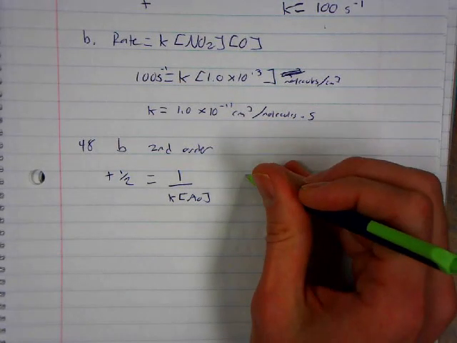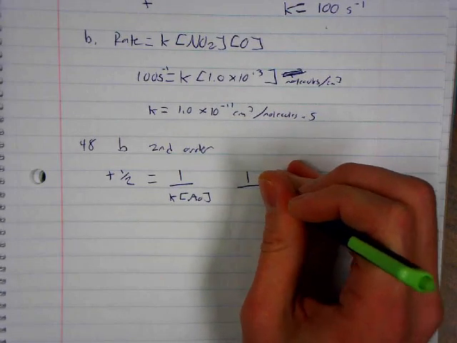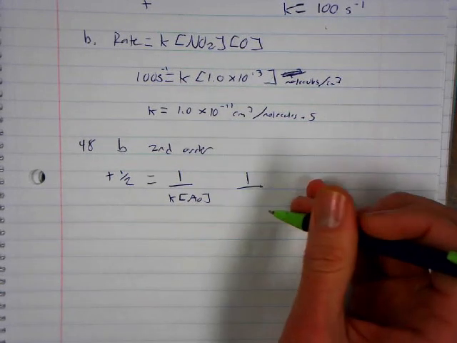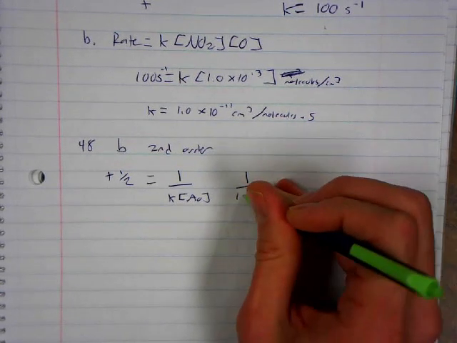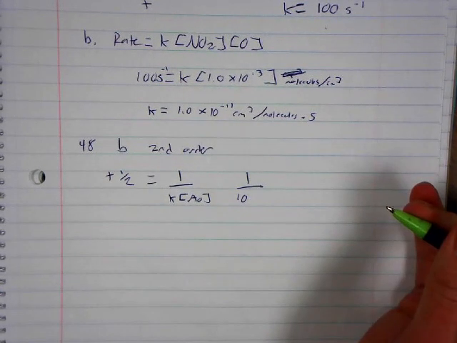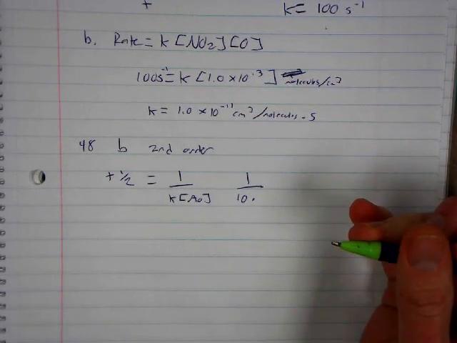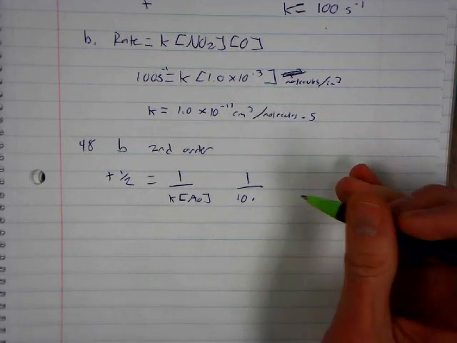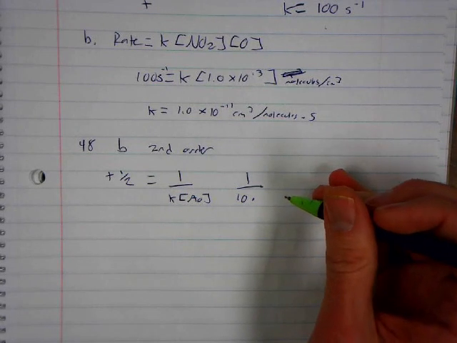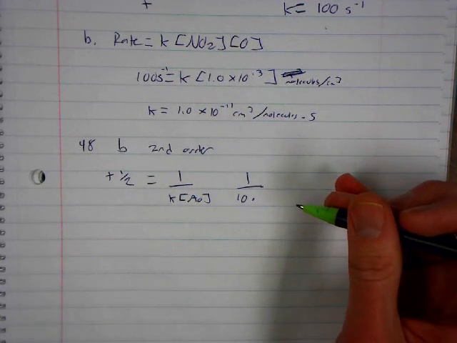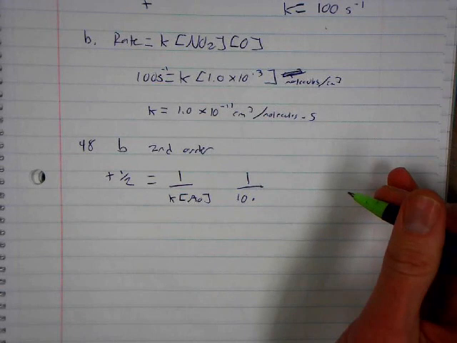It's second order. So, in order to get my 1 half-life, I know for a second order reaction, it's equal to 1 over K times the concentration of A naught. So if I'm subbing in here, that's 1 over, from 47, you figured out that K was 10, right?